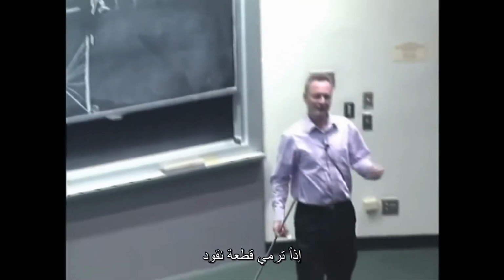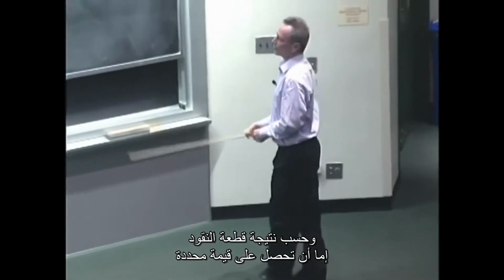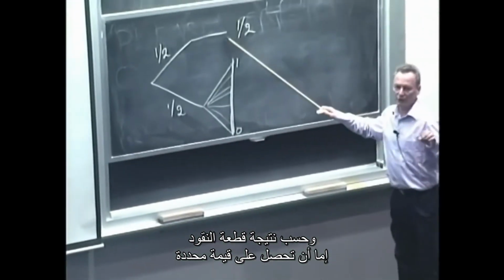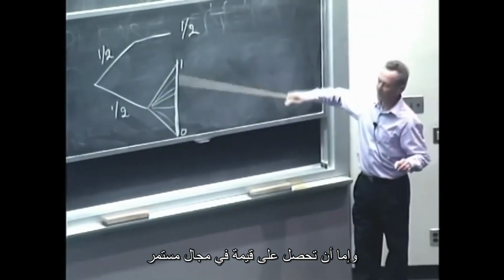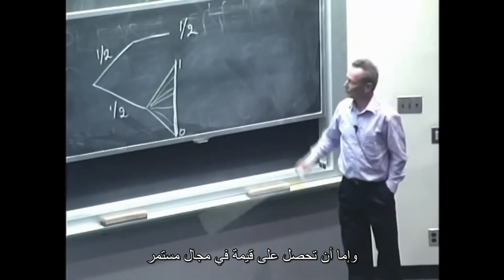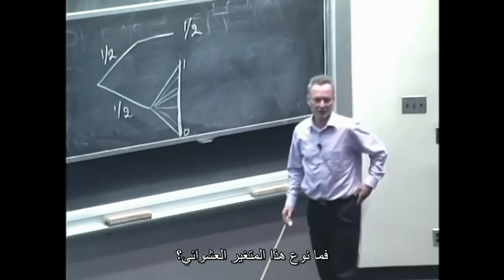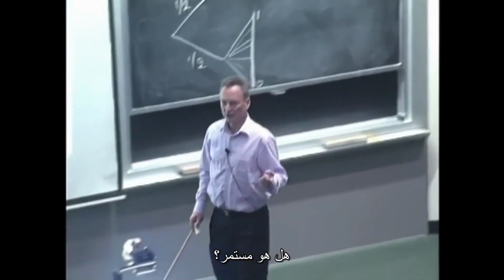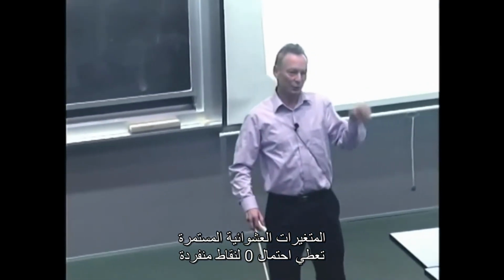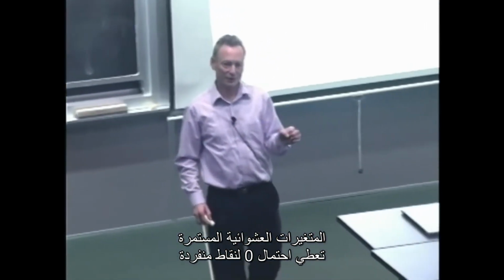And the amount that you're going to get, let's say, is uniform. So you flip a coin, and depending on the outcome of the coin, either you get a certain value or you get a value that ranges over a continuous interval. So what kind of random variable is it? Is it continuous? Well, continuous random variables assign 0 probability to individual points.